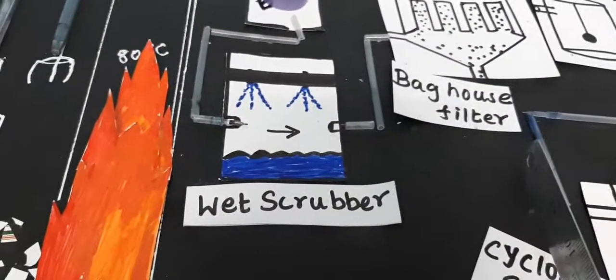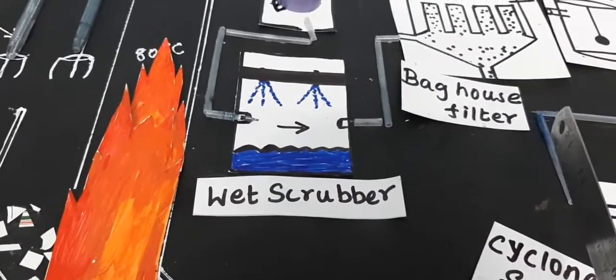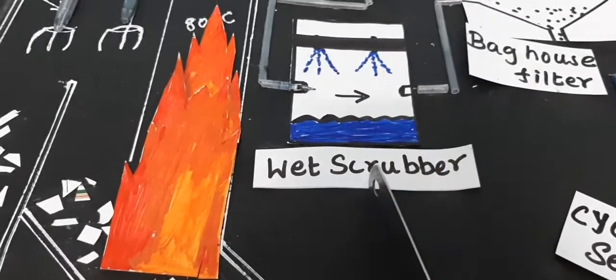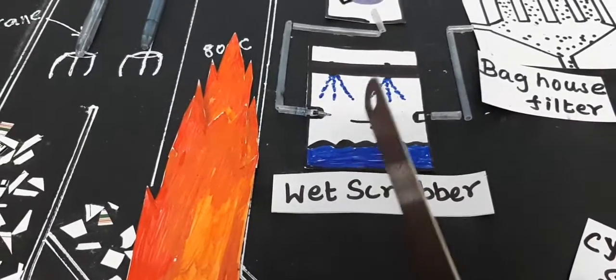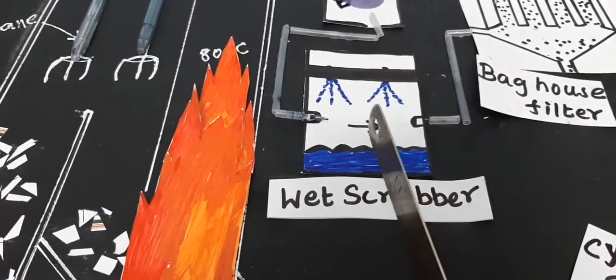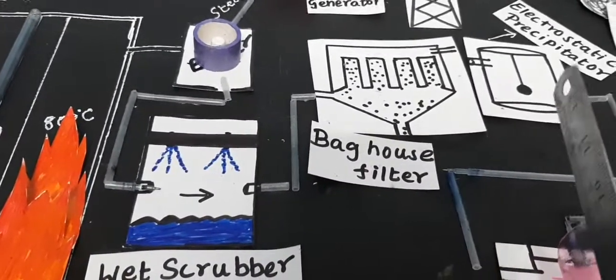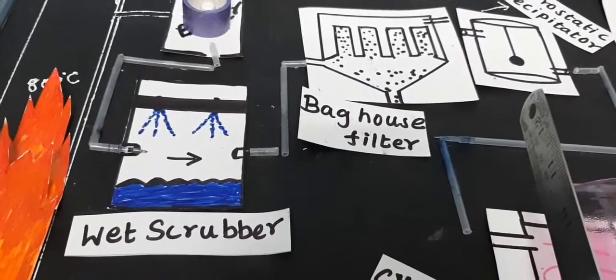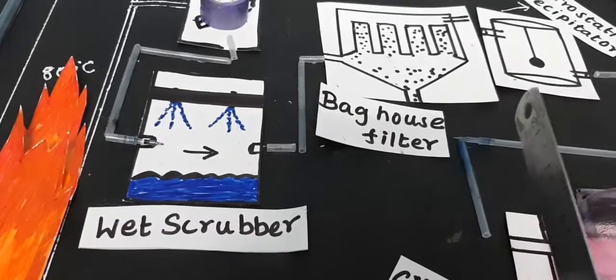The method involves wet scrubbing and then dry scrubbing. Wet scrubbing is a method by which the gases are washed using some liquids. Dry scrubbing refers to the methods by which pollutants are removed in the dry form itself.